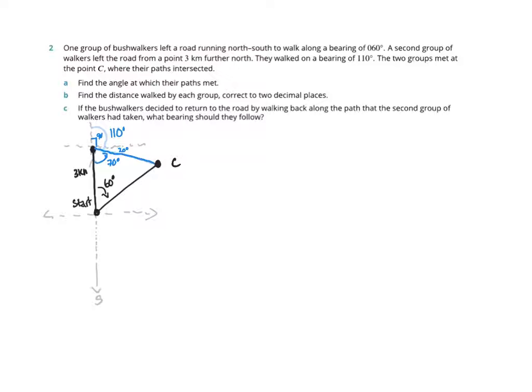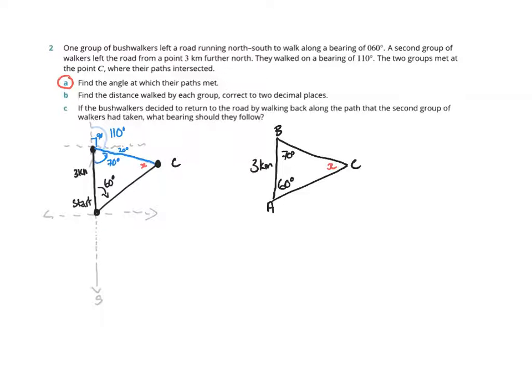Find the angle at which their paths meet. So this first question, part a, is there, I would say. If I drew this triangle out a little bit separate, I'm going to call this group A, here's B and C. I know that's 3 kilometers, I know that's 70 degrees, I know this is 60 degrees, and at the moment they're trying to find x.